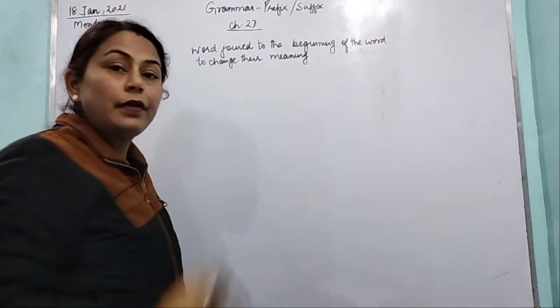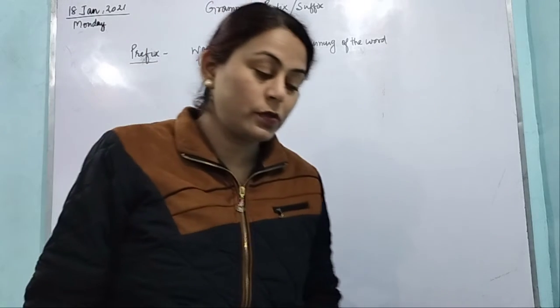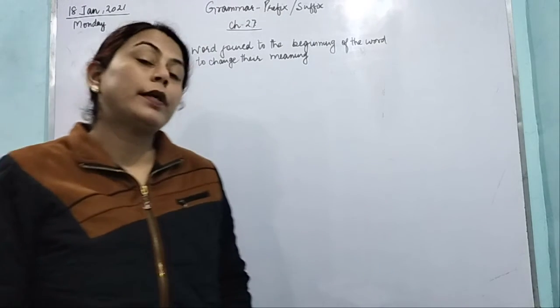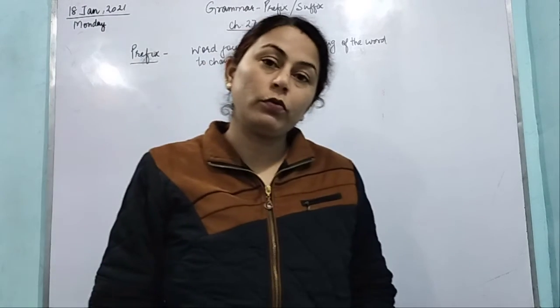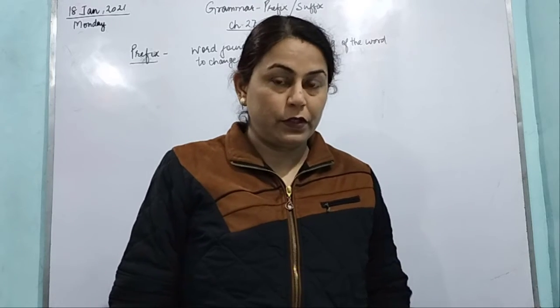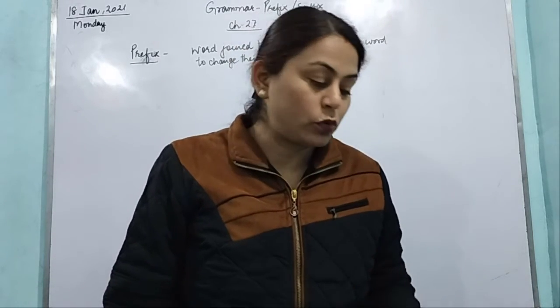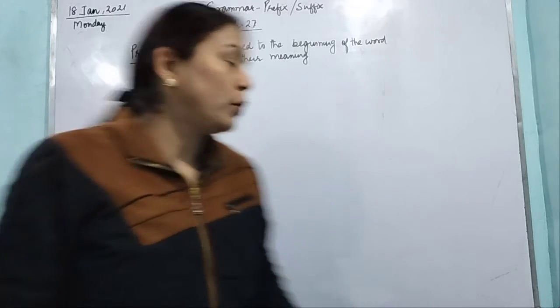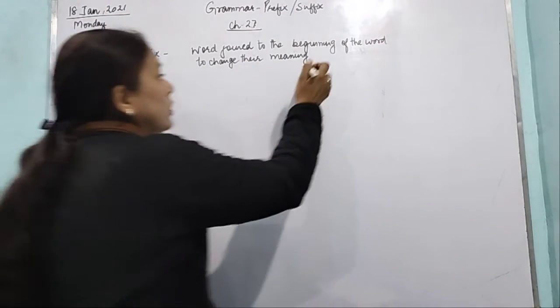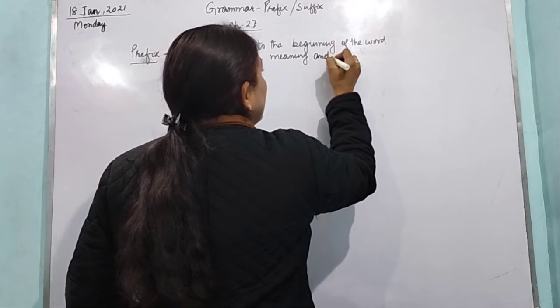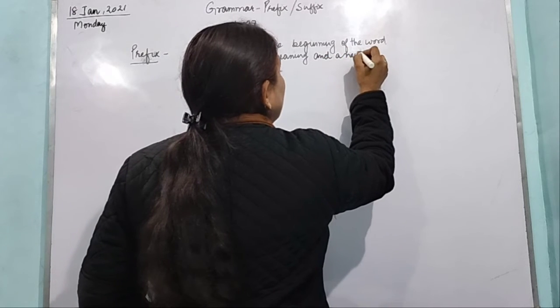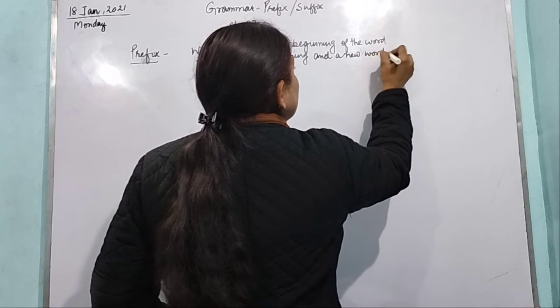So you have to write down the definitions in your books, and I will tell you how much you have to write in your notebooks. A few of these prefixes and suffixes with examples you will write in your notebooks also, to change their meanings and to create a new word.